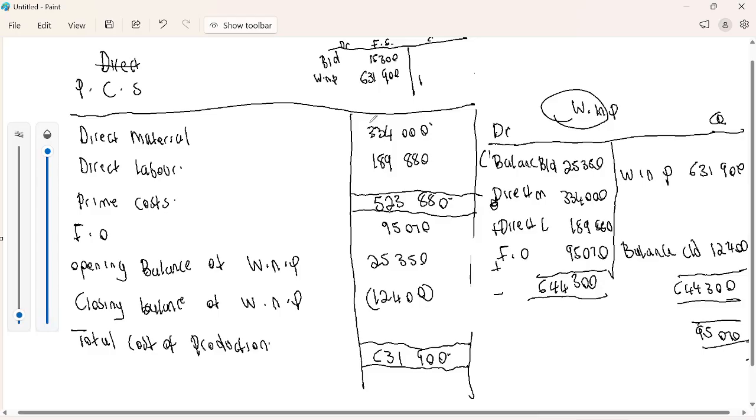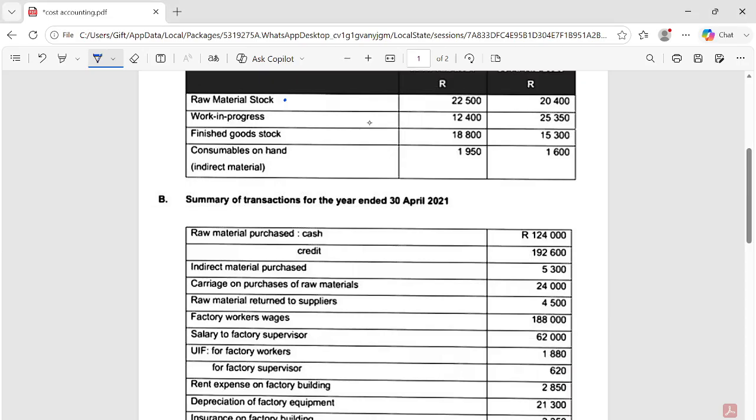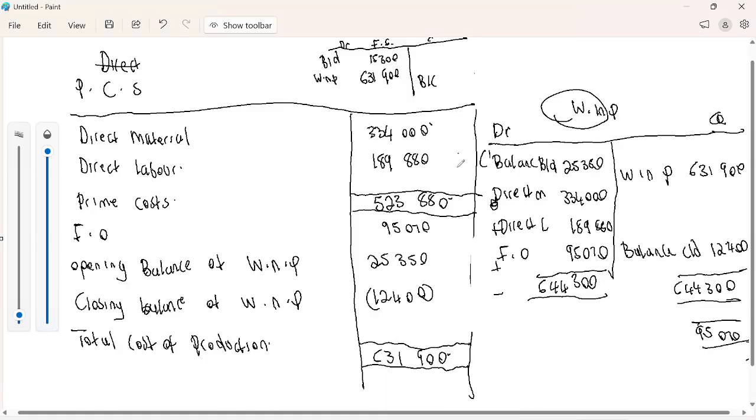Then on this side, we're going to say balance carried down, which is the closing balance, 18,800. This plus this, 15,300 plus 631,900, gives me a total of 647,200. This minus 18,800 gives me the cost of sales, which is 628,400. So this is what's going on with the manufacturing, guys.